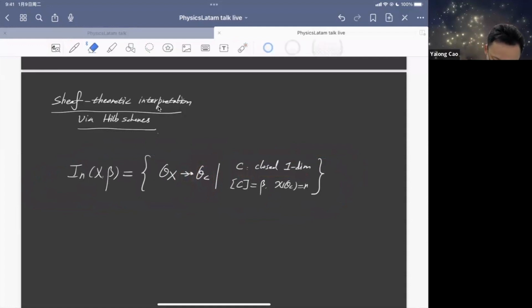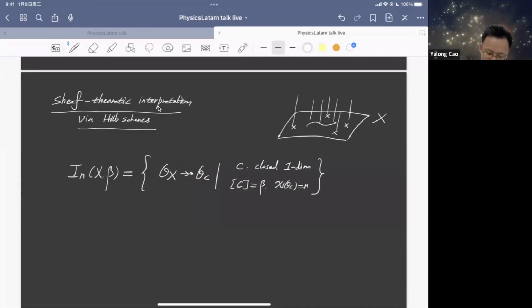In a picture, in our Calabi-Yau fourfold X, we have some curve, and we can have some floating points. Such an O_C is something like a bundle supported on such a curve and points, and we also have surjective sections.